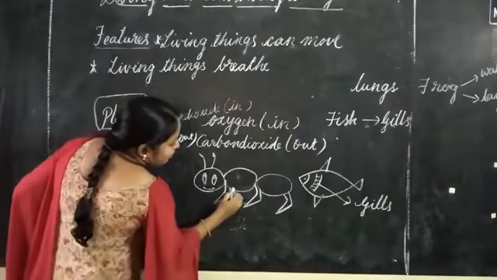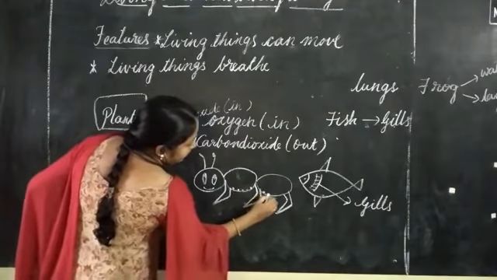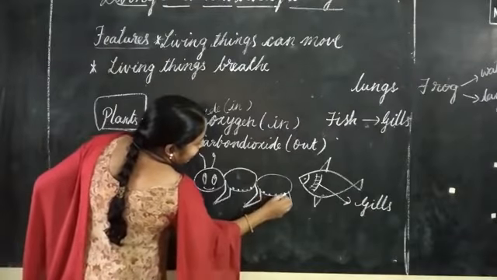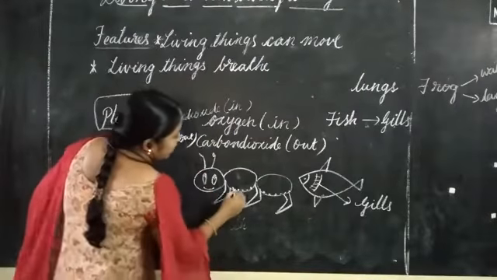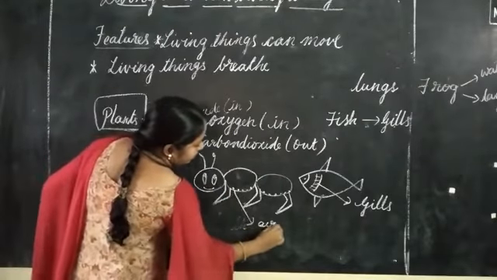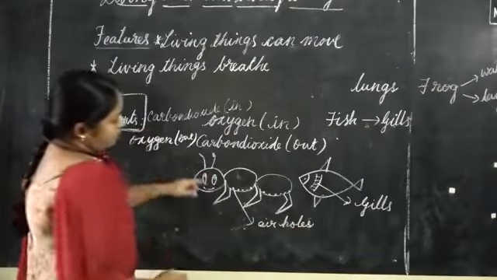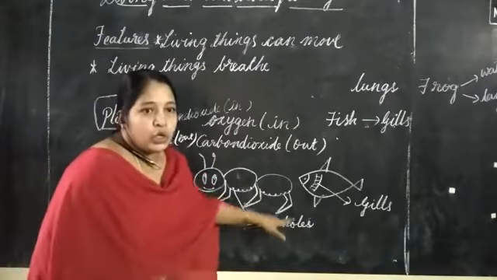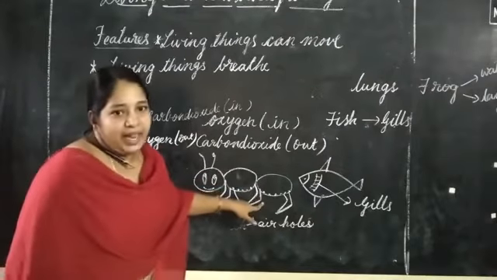They have small pores at the side of their body, and these small pores are called air holes. Through these air holes, the insects can breathe in air.